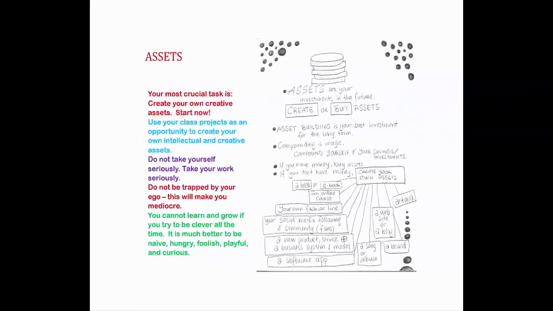So using AI, you need to think about how you will create your own assets. That's the crucial thing to achieve your financial independence, and this module is all about this. If you have any money, you need to buy these assets because you are fighting inflation. You cannot trust government. You cannot trust central banks.